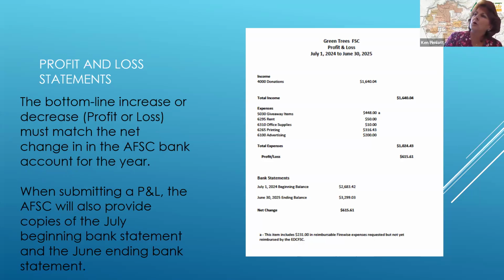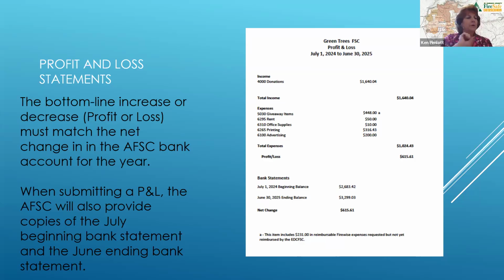Also a reminder that your profit and loss, in this case $615.61, I think, on the screen midway down, which is the net of your revenues or your income less your expenses, should match the change in your bank statement from July 1 to June 30th.